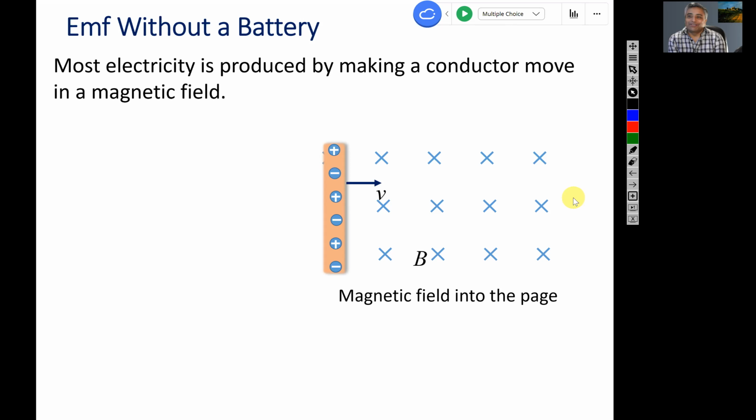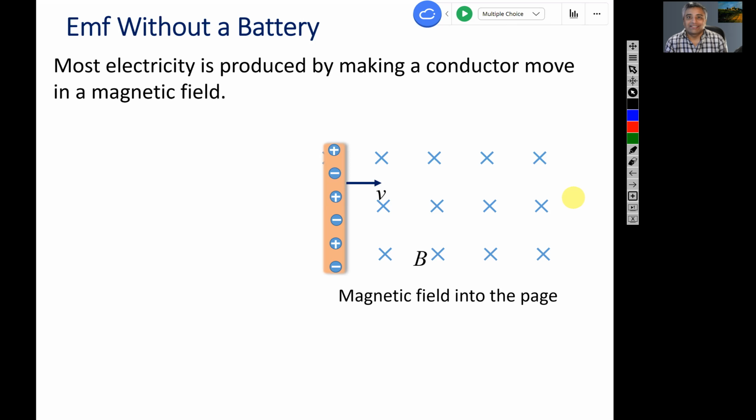Okay, so now let's move to another chapter. To provide voltage, we've been using a battery. We say, let's connect a battery in the circuit, and that's going to drive current in the circuit. Is there a way of generating voltage without connecting a battery?